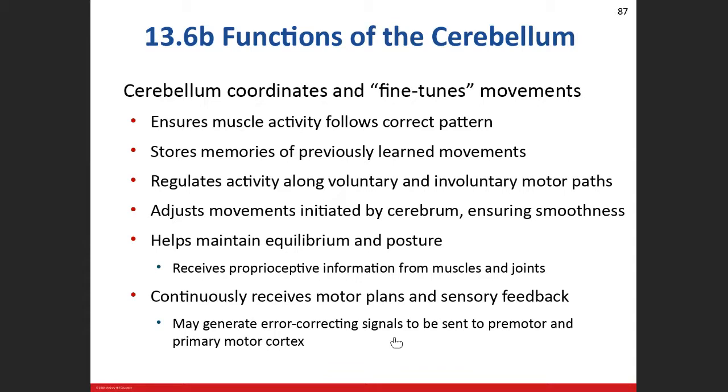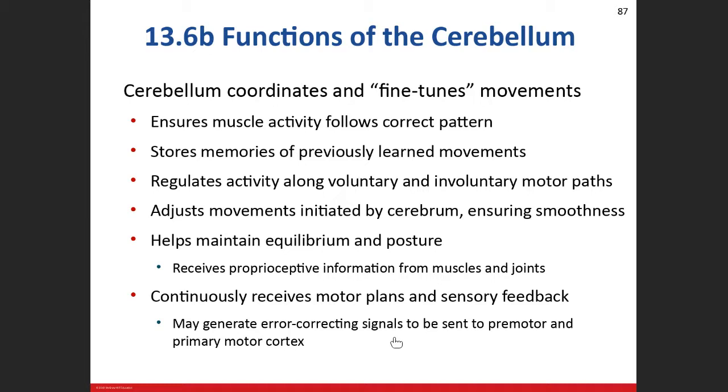For example, you are able to balance on one foot because the cerebellum takes the proprioceptive information from your joints and maps out a muscle tone plan to keep the body upright. The proprioceptive information from the body's muscles and joints is sent to the cerebellum and then to the cerebrum.